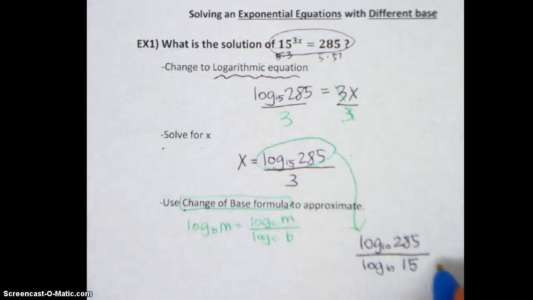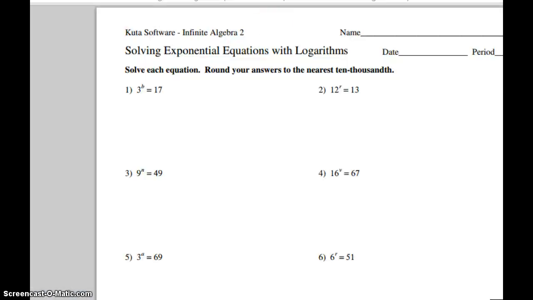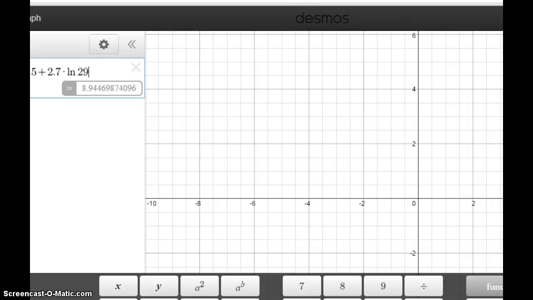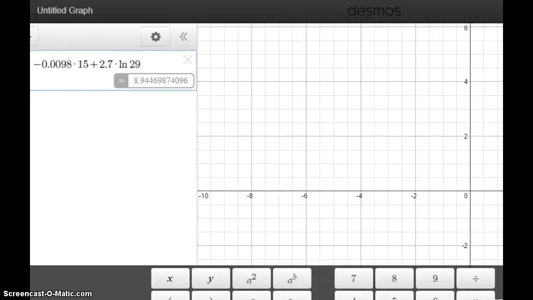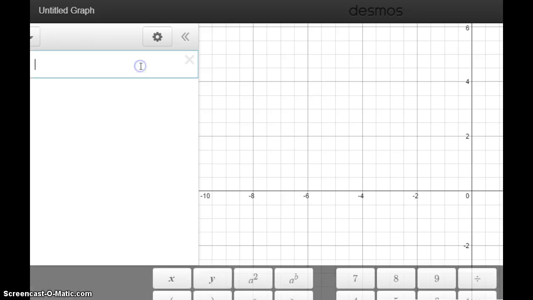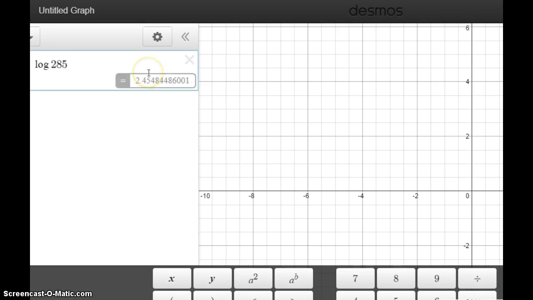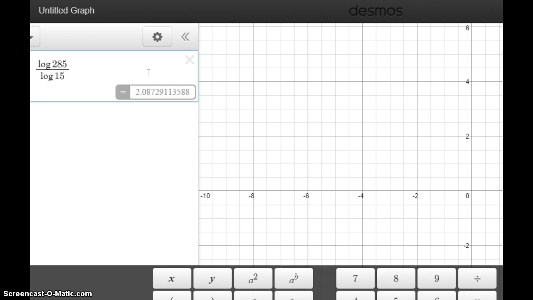So I can just convert that and I will get some number. I'm just gonna pull out the calculator. So I'm typing log 285 divided by log 15.